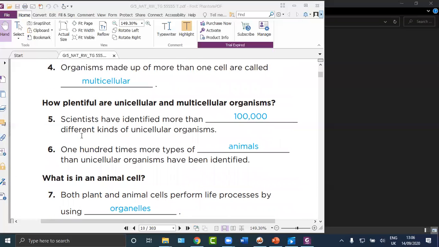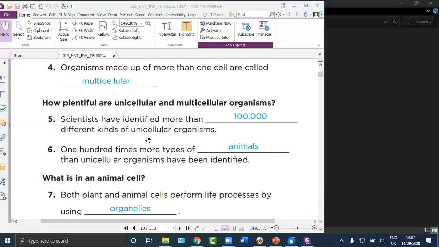Your scientists have identified more than 100,000 different kinds of unicellular organisms. The same phrases here. You have how plentiful are unicellular organisms? I don't have it. Okay, you can add it. No problem.